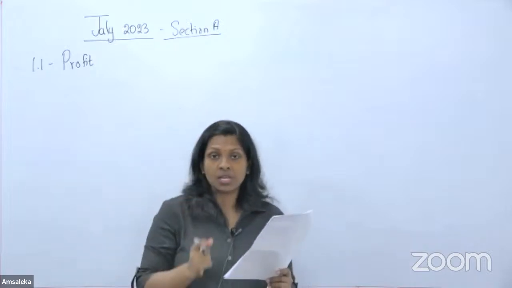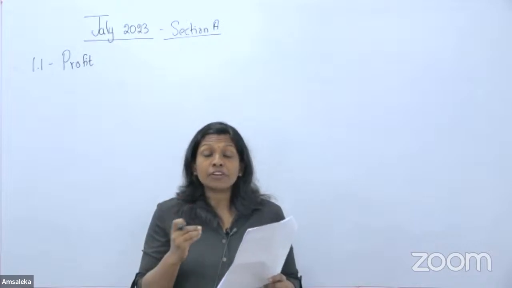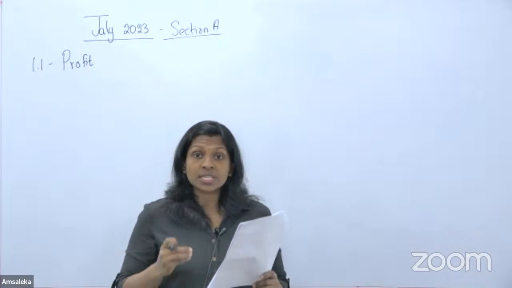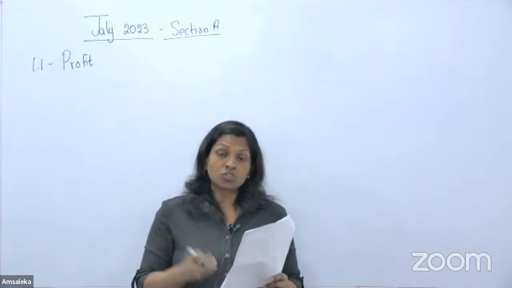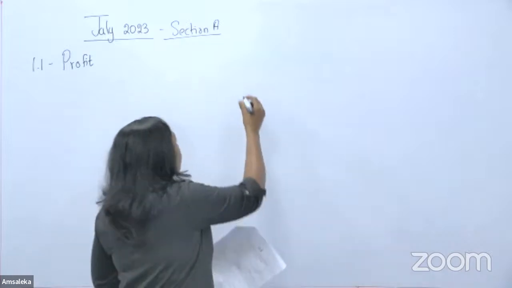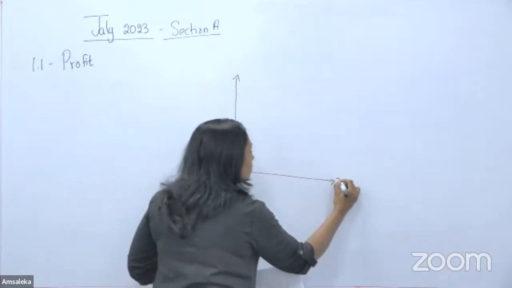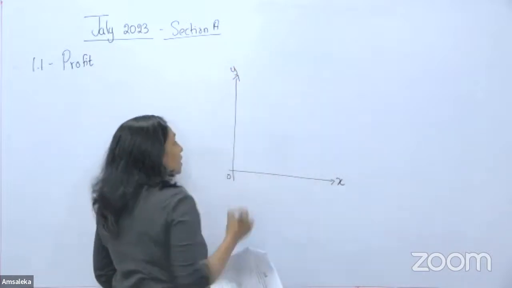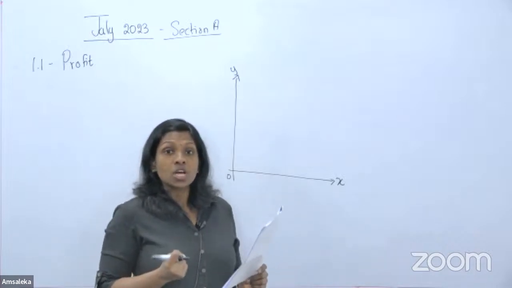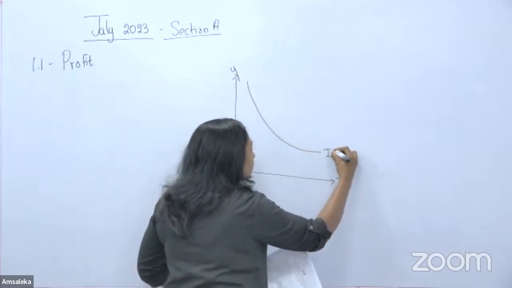It says that at each point on the indifference curve, the satisfaction the consumer receives will be the same. For example, if this is the diagram, two different goods are combined together and consumed.